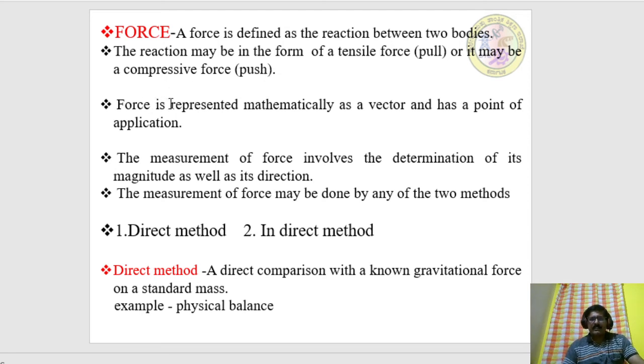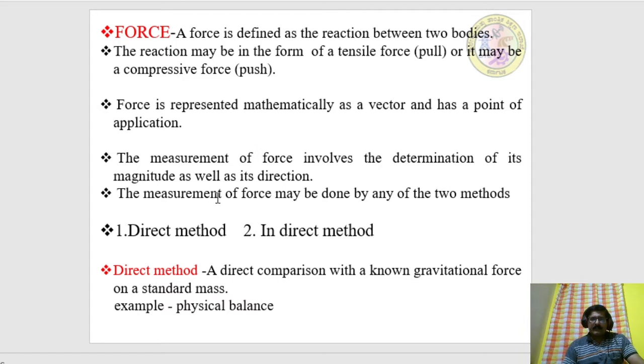A force is represented mathematically as a vector and a point of application. Moreover, the measurement of force involves the determination of its magnitude as well as its direction.